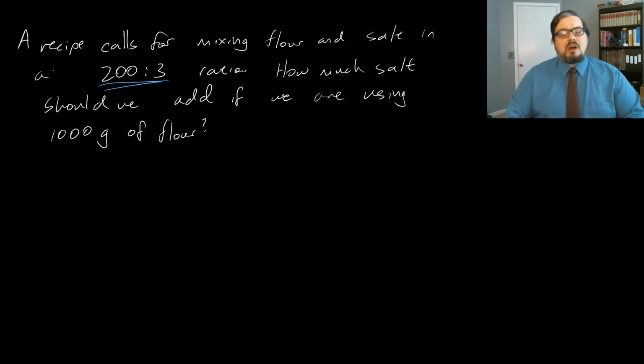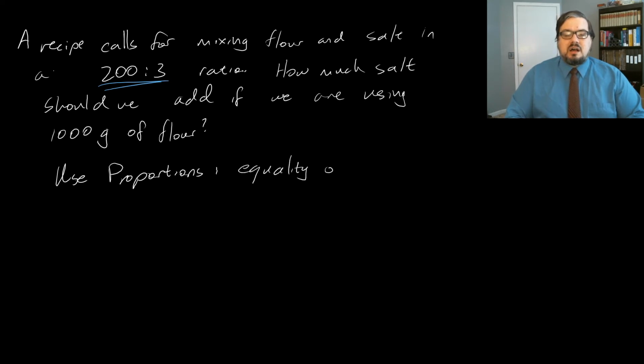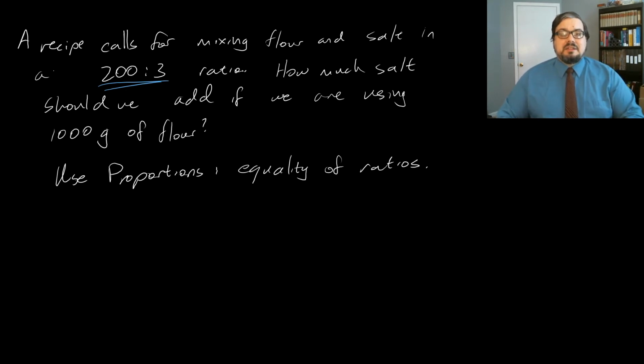To solve a problem like this, we're going to use proportions. Now, proportions are an equality of ratios. It says that the ratio that we get on one side of the problem should be equal to the ratio that we get on the other side of the problem.